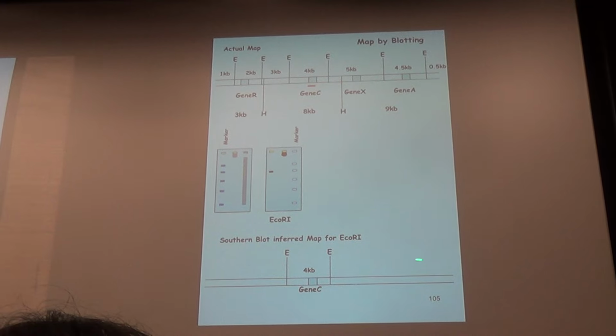You can't say anything about the flank. That's blind. You're blind to those regions. Right? All you can say is that this probe lies within a fragment of EcoR1 that is 4,000 base pairs in size. That's your picture right now.